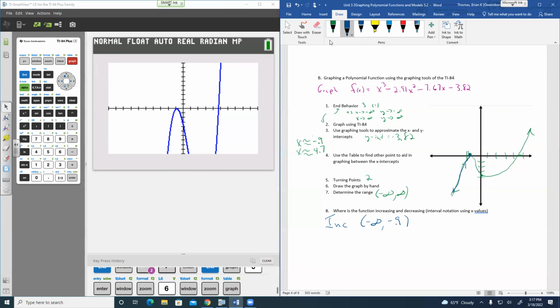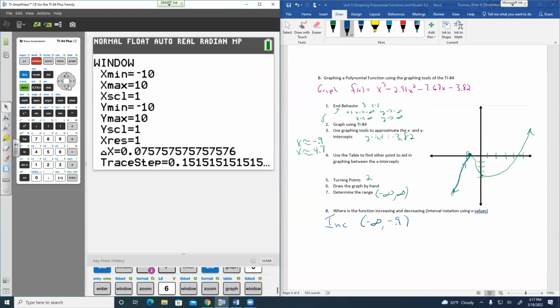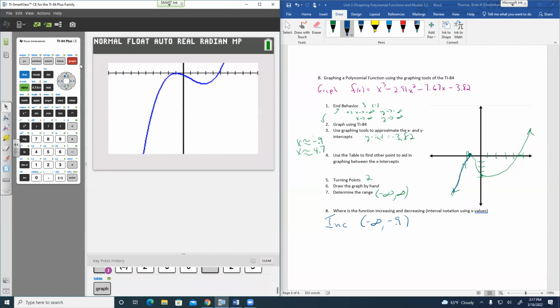So to find the other interval, I really need to find that other local minimum. So if I hit the window, I really need to change my y min to be a lot bigger. So let's say -200, and let's go by 25s again. See if that got my graph on there. Yeah. So notice how now I have this little local minimum that I would have to find.